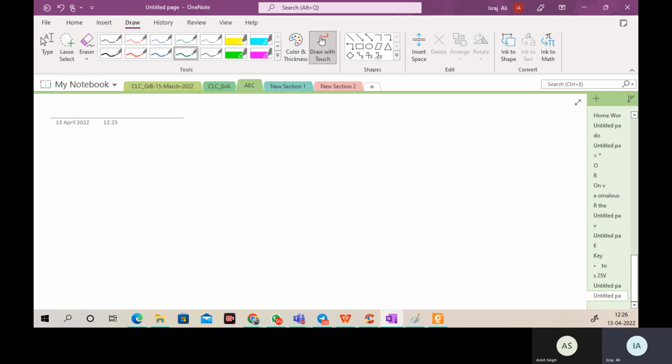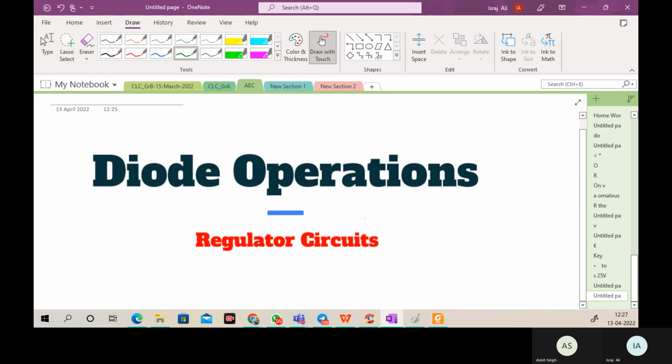Now today what we will do, we will start from the regulator circuit. So regulator circuit.